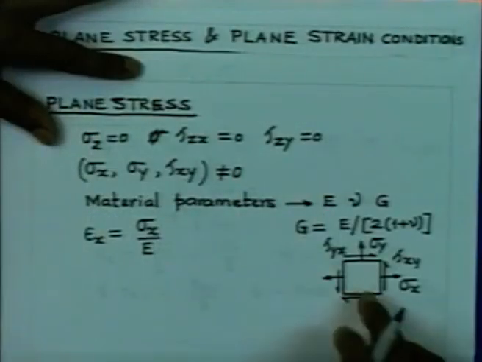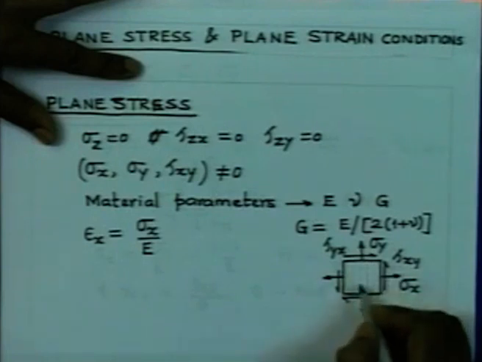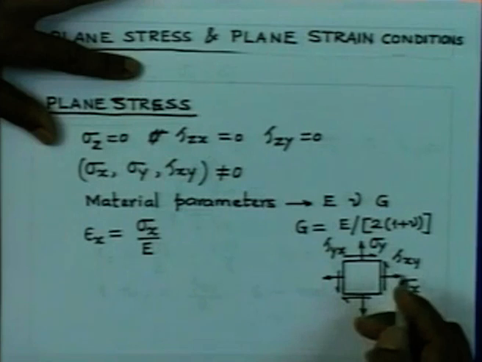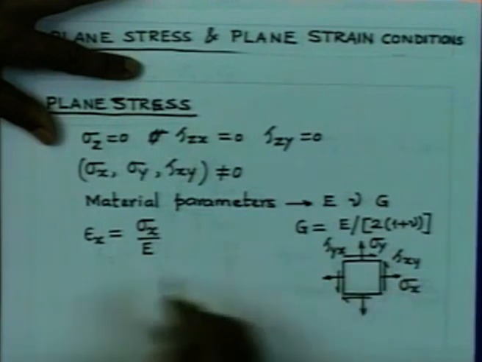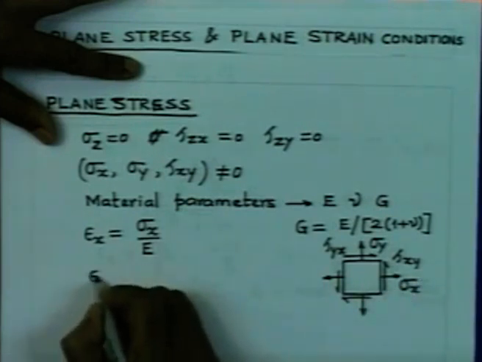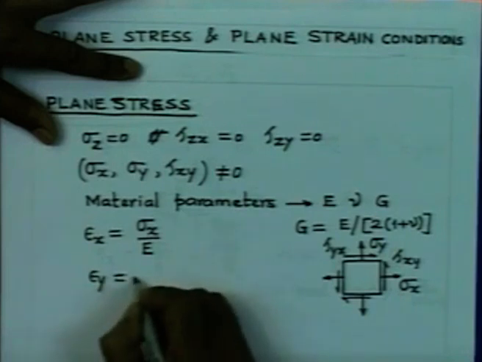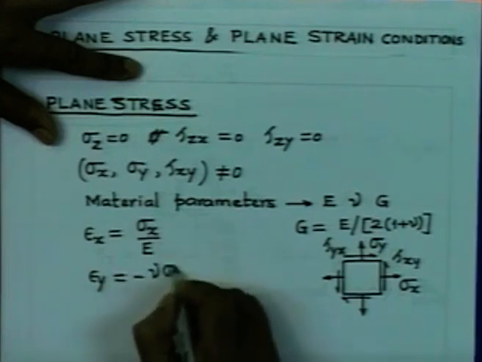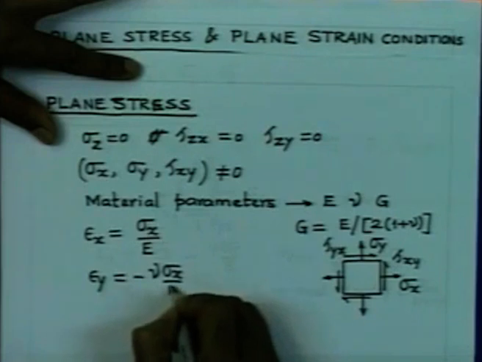Due to sigma x, we will have this strain in the x direction, sigma x by E, and this is going to cause a strain in the y direction, which is nothing but minus nu times the strain in the x direction. So, epsilon y due to this stress is going to be minus nu times sigma x by E.